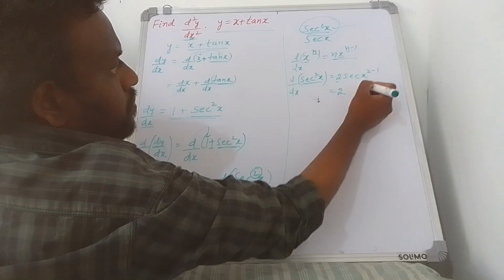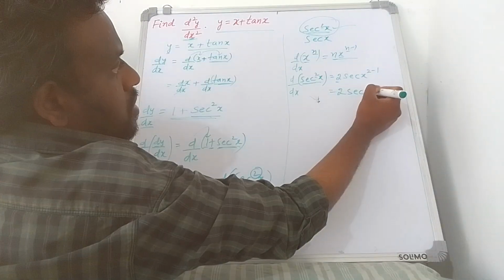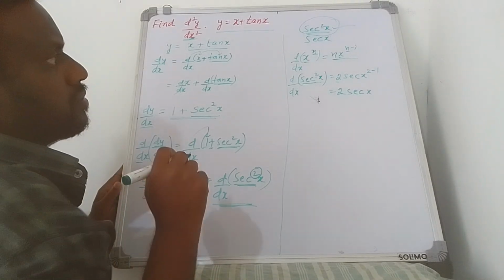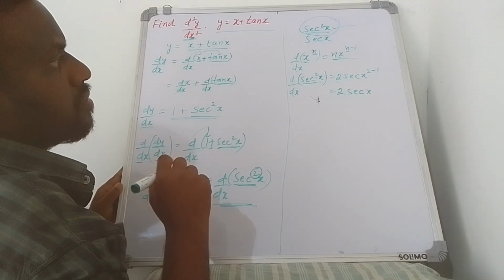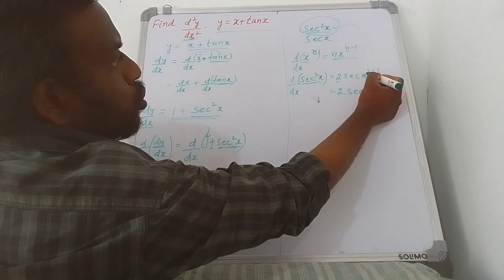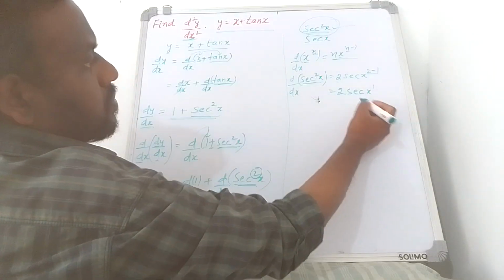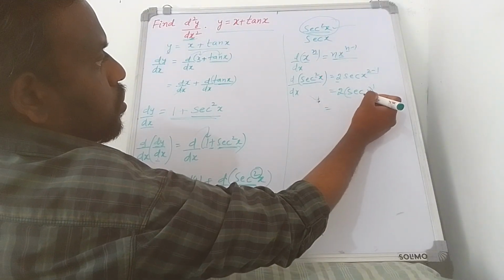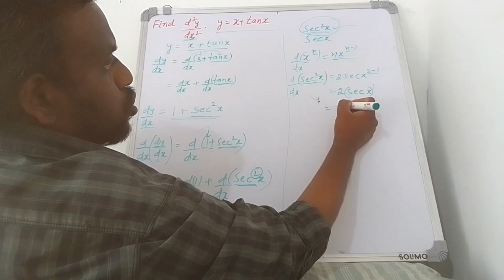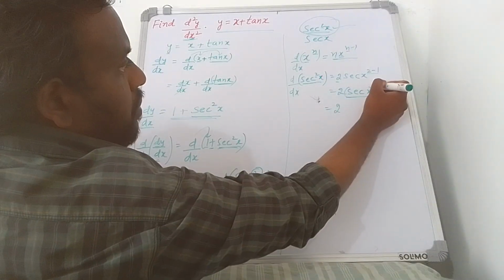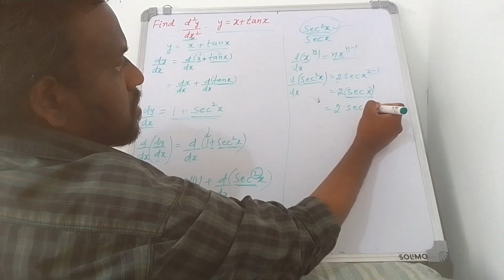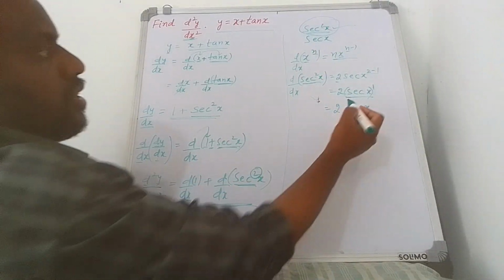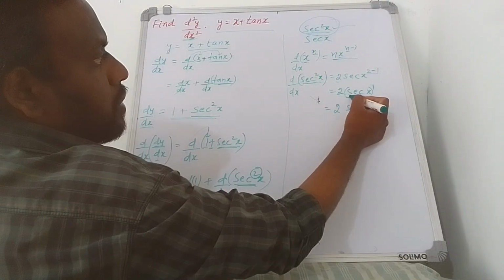Now this 2 secant x, 2 minus 1 is 1. Secant x whole to the power of 1. So again this 2 secant x to the power of 1 is equal to secant x, because anything to the power of 1 will be this only.